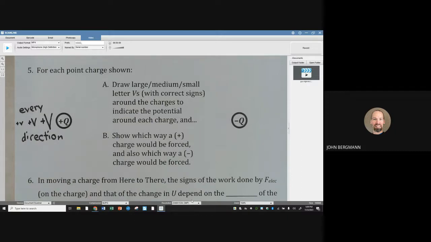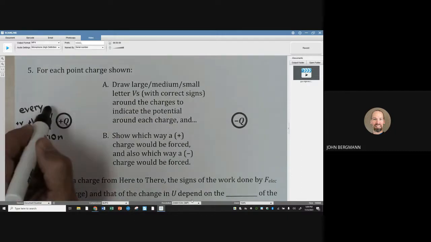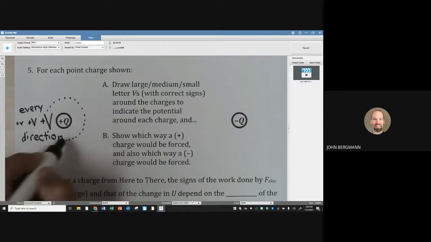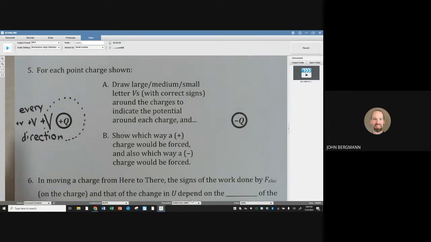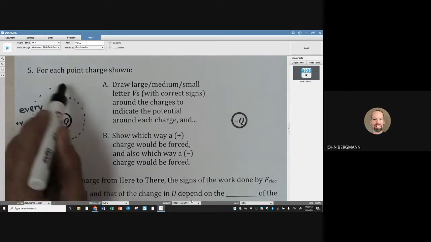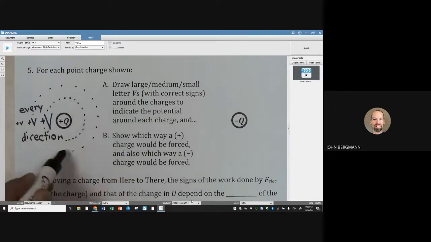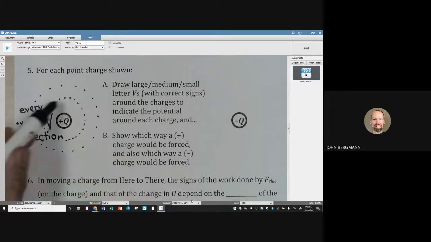So what we end up with, and this is actually a story for another video, is basically an imaginary sphere around this charge, and each point on that sphere has the same value of potential. And then there's going to be another imaginary sphere further out. Each of those points will have the same value of potential, but that potential will be a smaller number than the potential associated with all of the points on an inner sphere, etc.